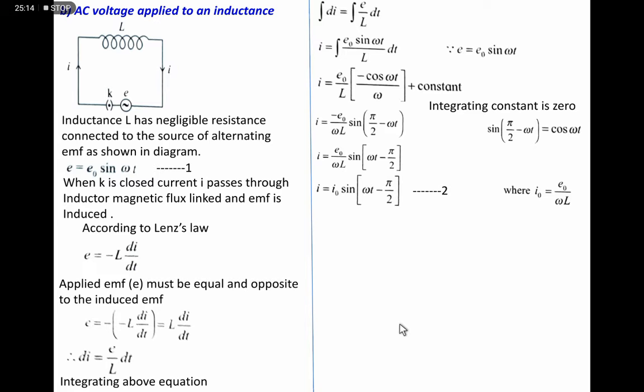We already studied it. When the flux changes, EMF is induced and current is induced in the inductance coil. How are the applied EMF and induced current related to each other? They have a phase difference of pi by 2, with the current lagging by pi by 2.